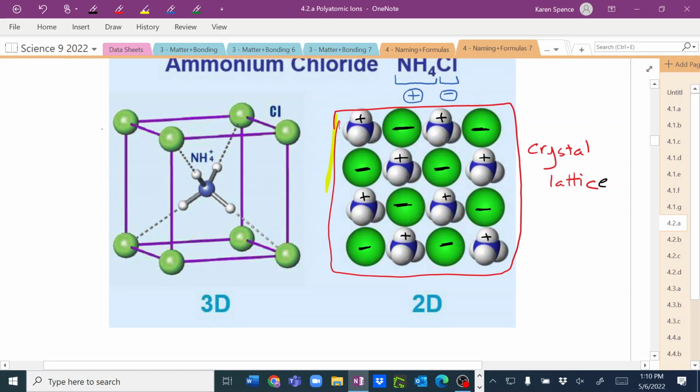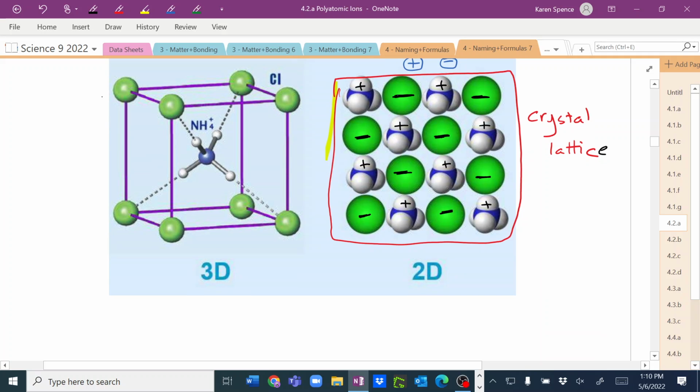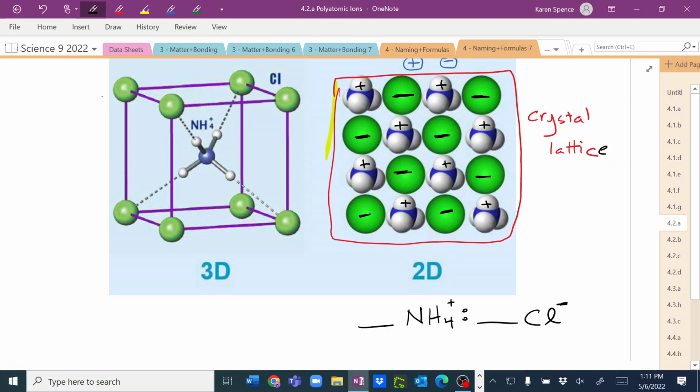What is the ratio of ammonium to chloride? How many to how many? 1 to 4? Well, let's count them up. How many ammonium do we have? It's okay.